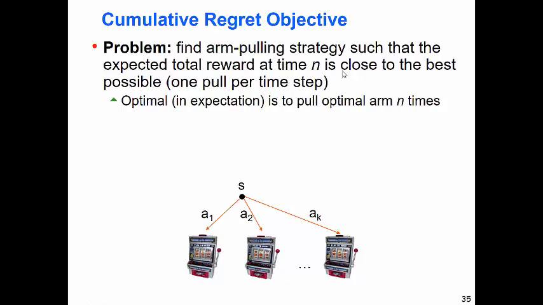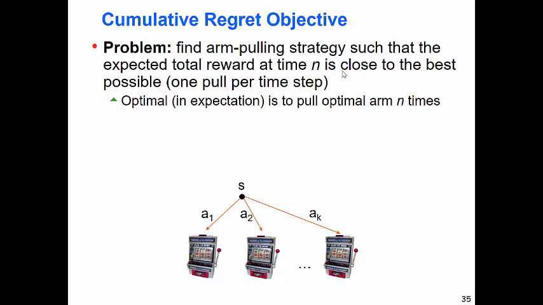We're looking at the total reward we get up to time n, and we want a strategy that's close to what would be the best strategy if you were omniscient and knew everything about the bandit. What strategy would have the best expected total reward if I let you know everything about the bandit?